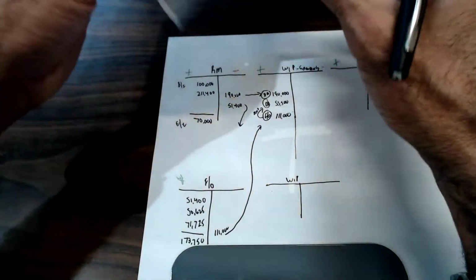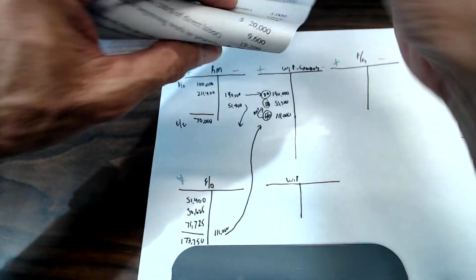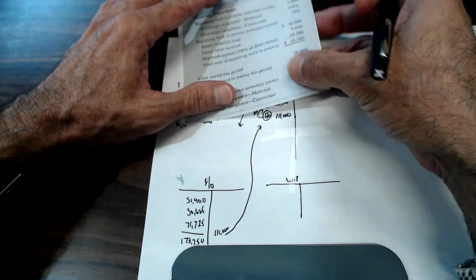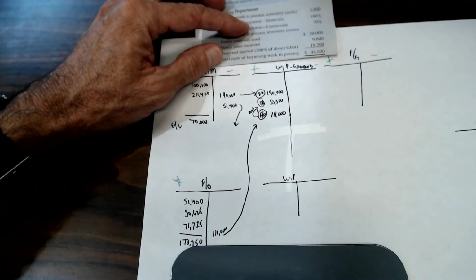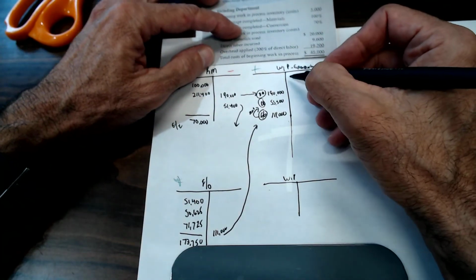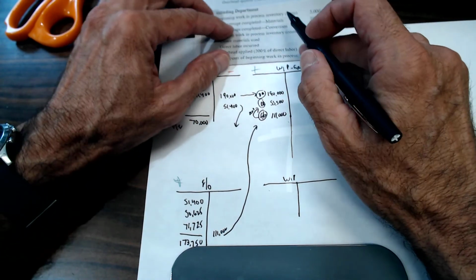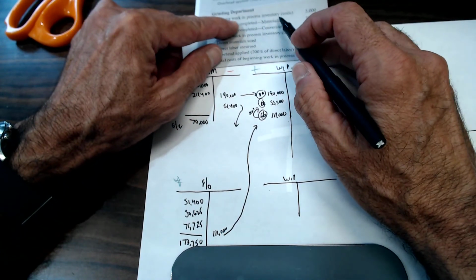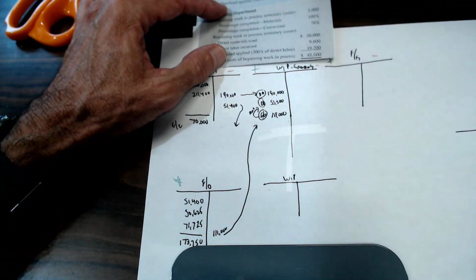Okay, what else do we know? Now notice this, they haven't given me a beginning inventory for grinding yet, but they've got to. It says that in the grinding department, the beginning work in process inventory, there were 5,000 units.